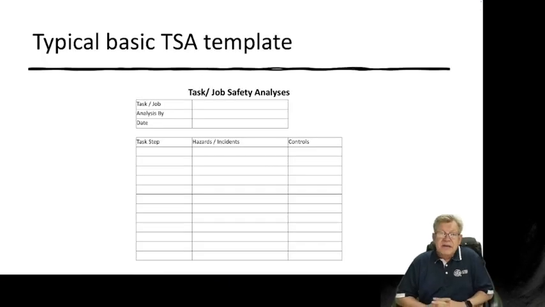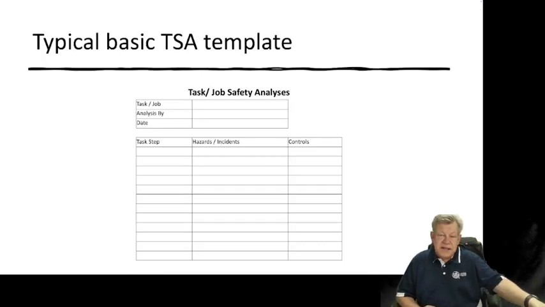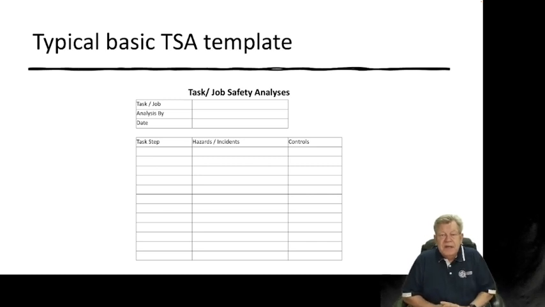This is a typical task safety analysis template. I don't like this template for a variety of reasons, but it contains the most basic information: the task or the job, who it was analyzed by and when. It contains a column for your task steps. You can write down the task steps, 1, 2, 3, 4, 5.